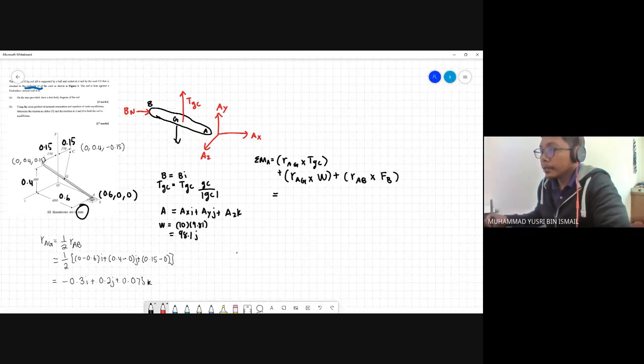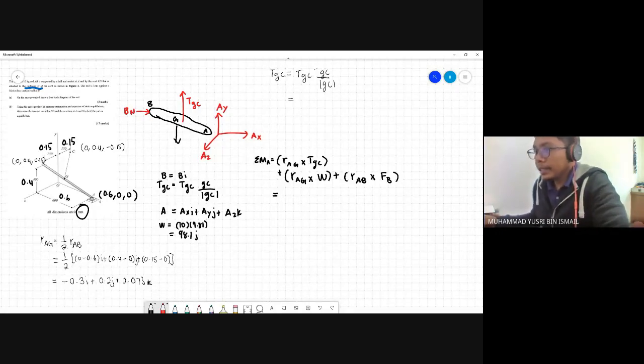Okay. So next we need to determine TGC. TGC is equal to TGC times GC over the magnitude of GC.